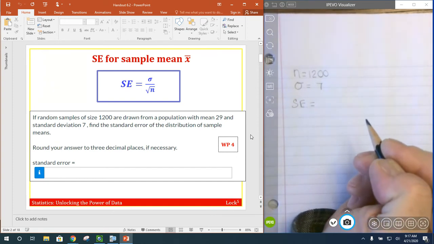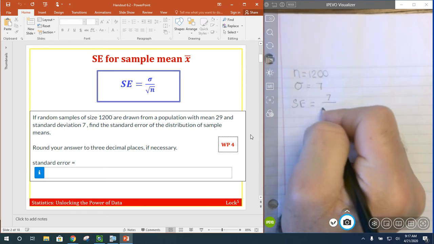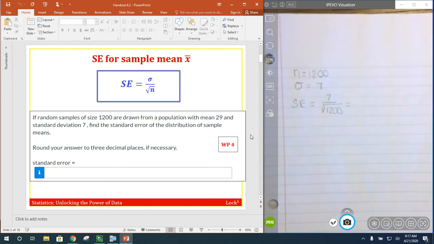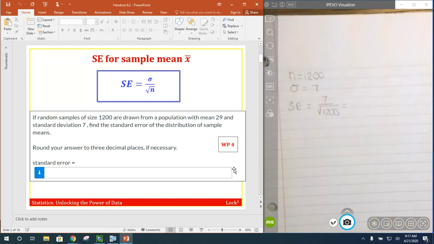If we want the standard error, we're going to take the sigma value, 7, and divide it by the root of 1,200 to see what the sampling distribution or the standard error will be. Let me open up my calculator for you.